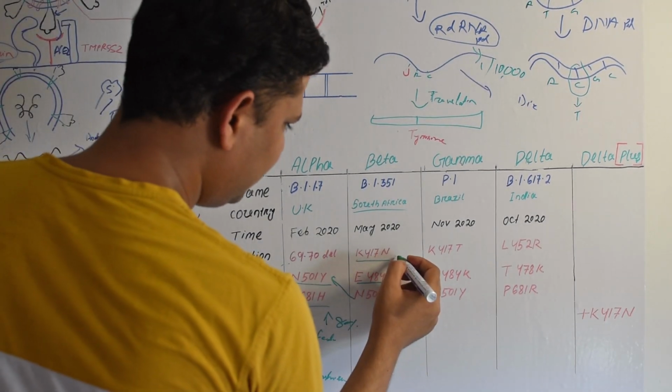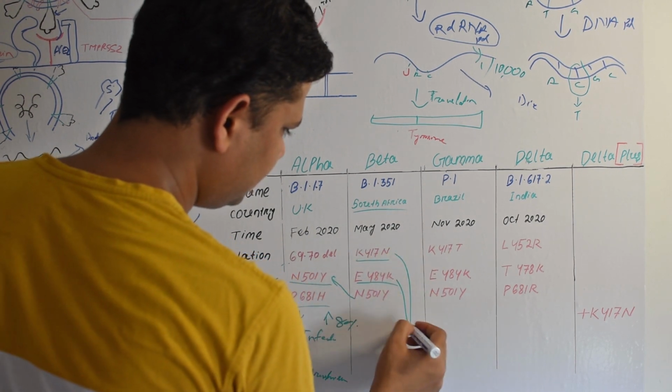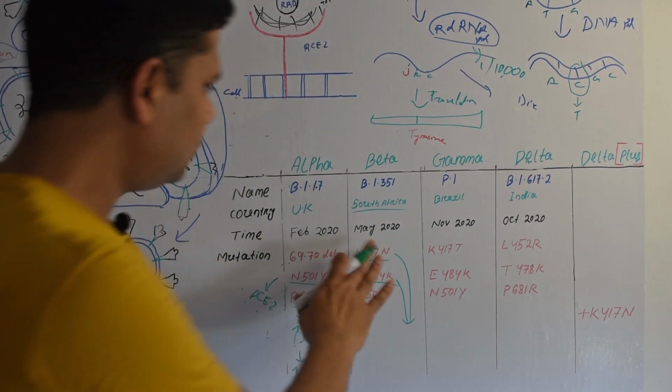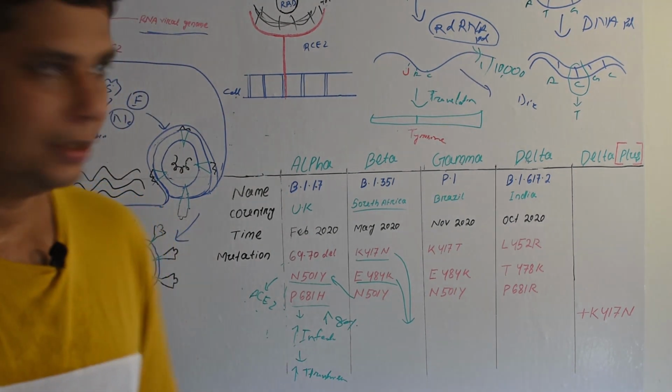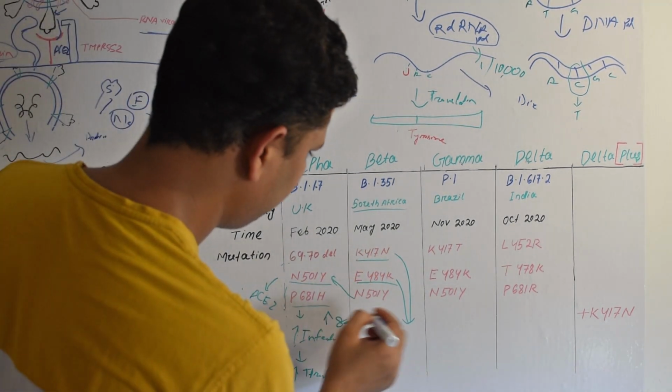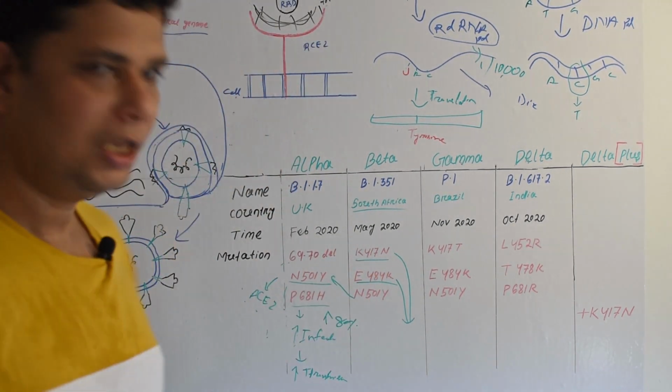Now what do these mutations do? K417N helps in immune escape.